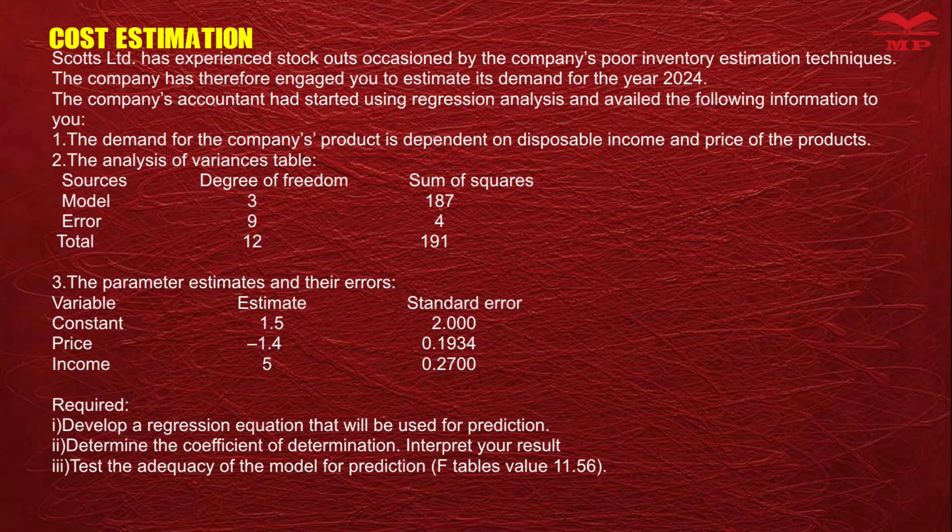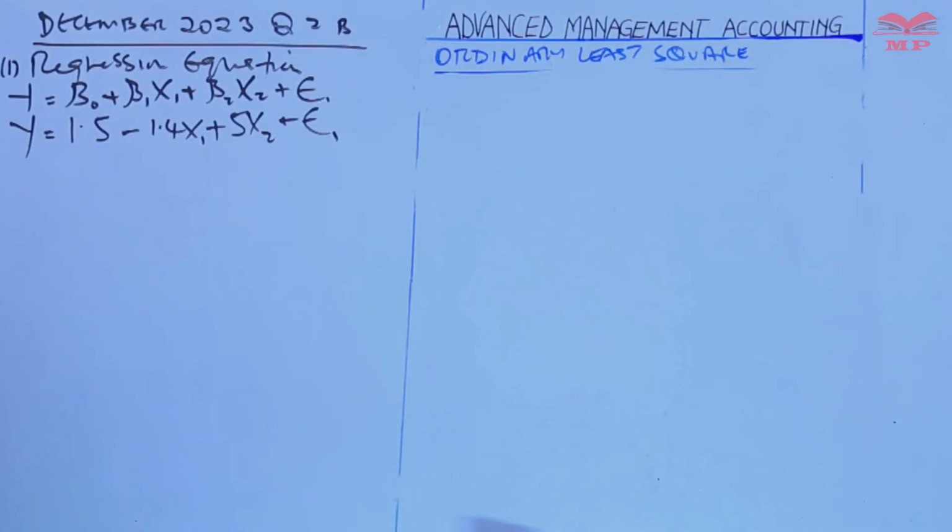Now, what is the coefficient of determination? The coefficient of determination is the R squared. In cost estimation it is a statistical measure that indicates the proportion of the variance in the dependent variable cost that is explained by the independent variables, or the cost drivers, in the regression model.